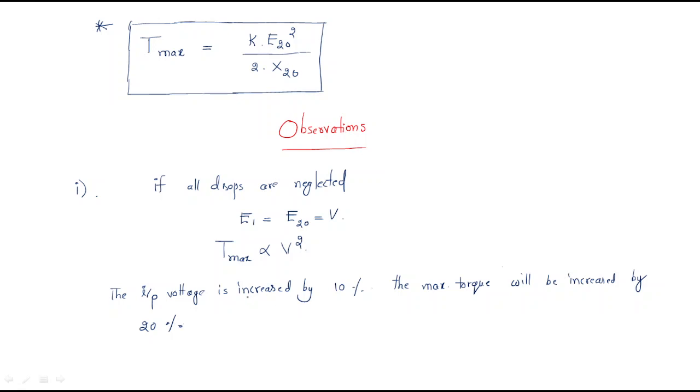Same as the normal torque, the maximum torque and the torque are both the same. If the input voltage is increased by 10%, then the maximum torque also increases by 20%. This is about the first observation.